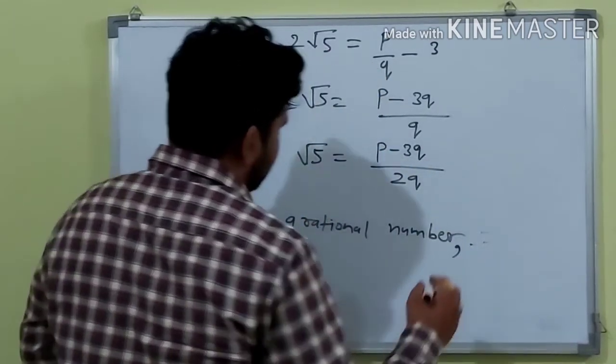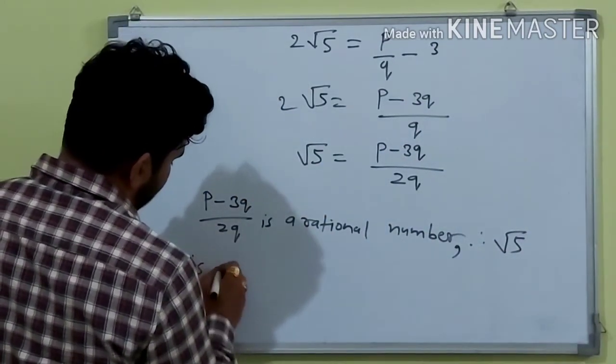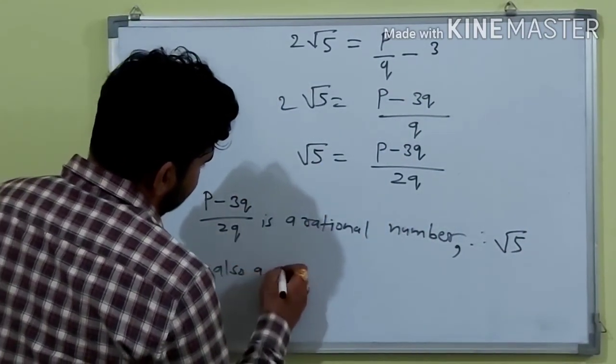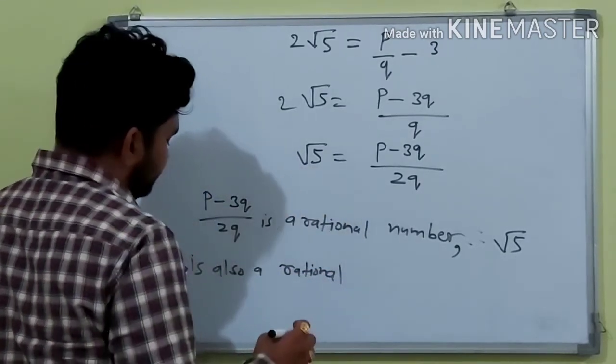Therefore, under root 5 is also a rational number.